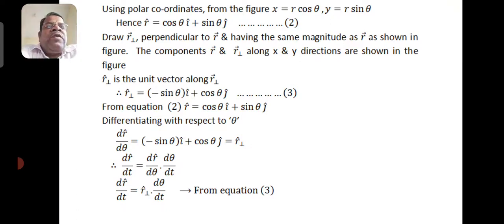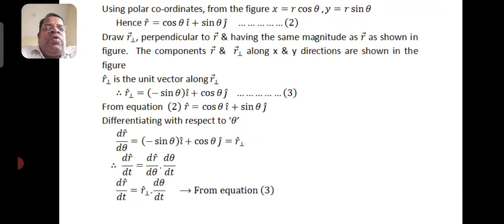The components of r and r perpendicular along the x and y directions are as shown in the figure. r perpendicular cap is the unit vector along the r perpendicular vector, and it is given by minus sin theta i plus cos theta j. Take it as equation 3.